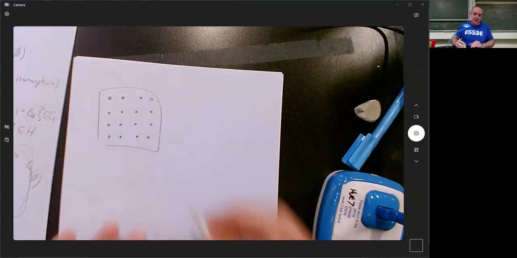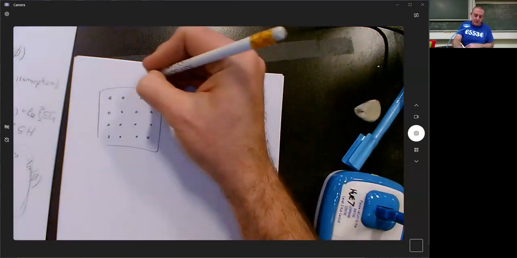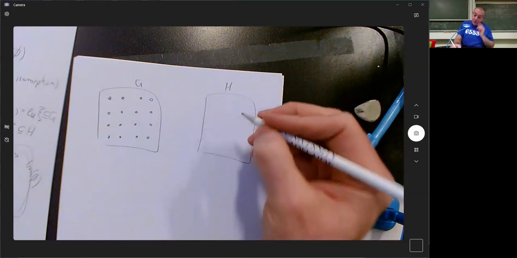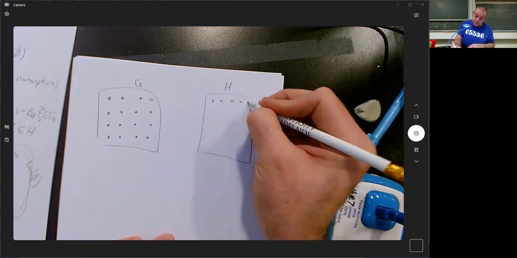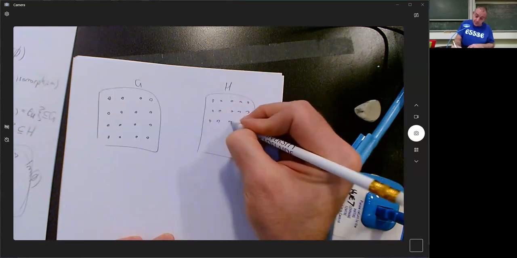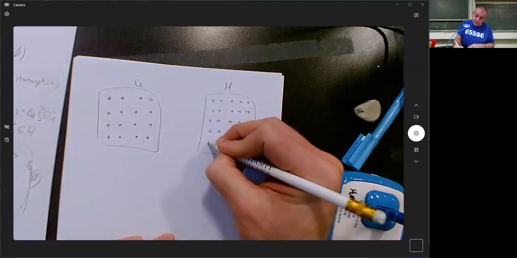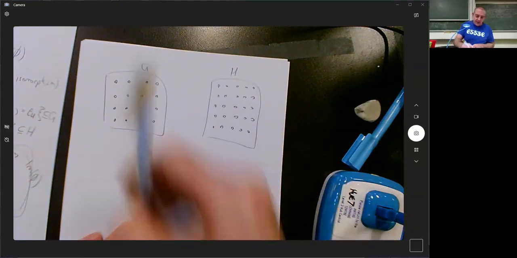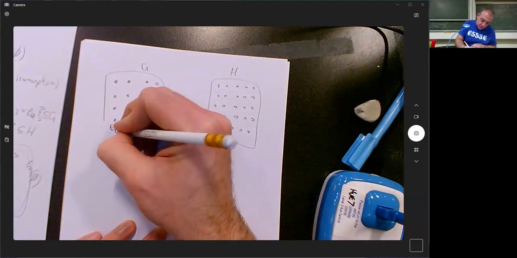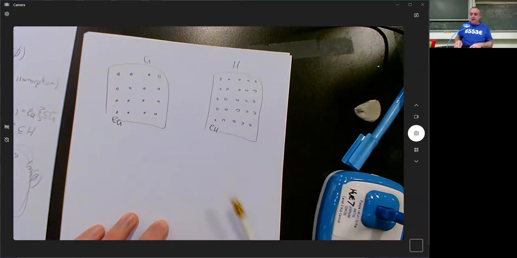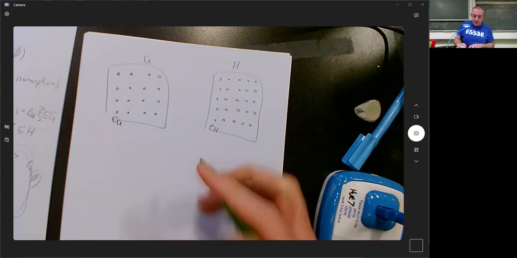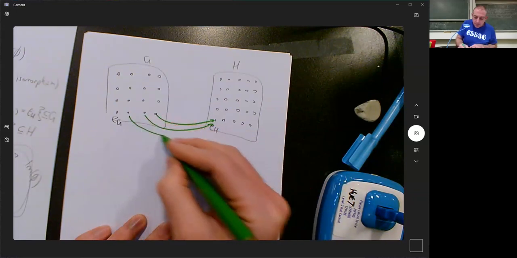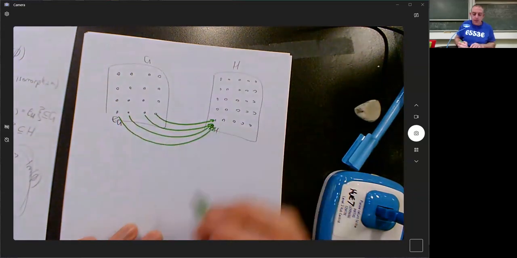So suppose G had these 16 things here, and H was made of however many things it's made of. I don't care. And this is the identity of G here. Let's put it in the corner. And this is the identity of H here. Suppose all of these things ended up here, like that.